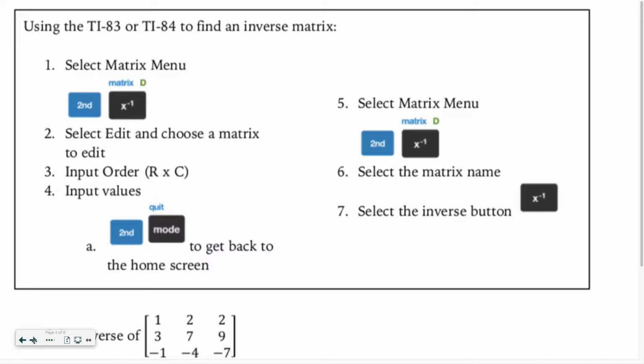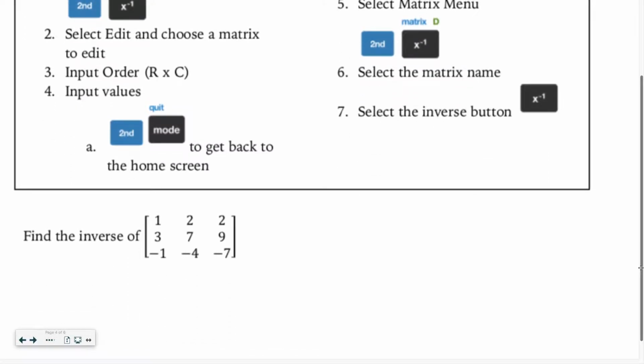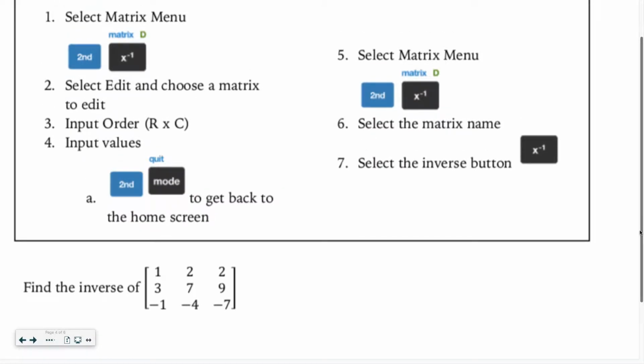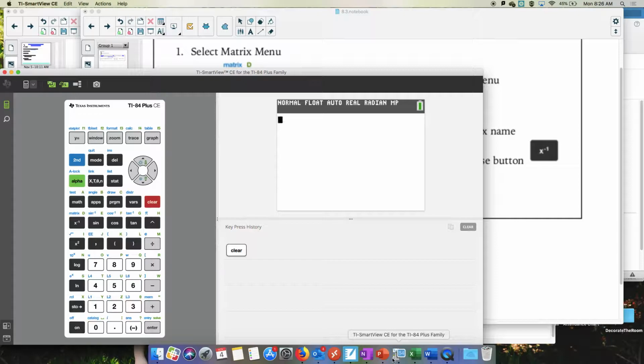On your notes sheet, it has instructions that we'll go through together, but do you see this example down below? That's the one that we are going to find the inverse of. I'm going to pull my calculator up here, so it's going to hide it. Just like we did, I don't even know what day we did it. Was it Thursday?